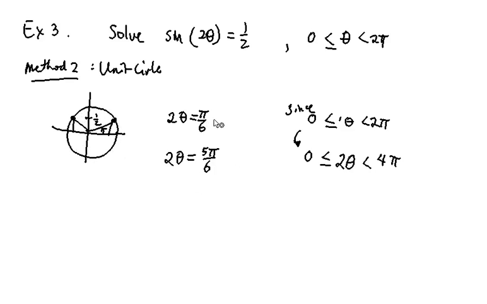So here, that's my first revolution, and then I'm going to have 2 theta equals pi over 6 plus one more revolution, right? It's pi over 6 plus 2 pi. So you can see it's really the same thing as what we're doing up there, but it's a little bit more intuitive. And if I go around, am I going to come back and hit this again? No. So that's going to be the only time that I hit this point in my interval, on my second revolution, I should say.